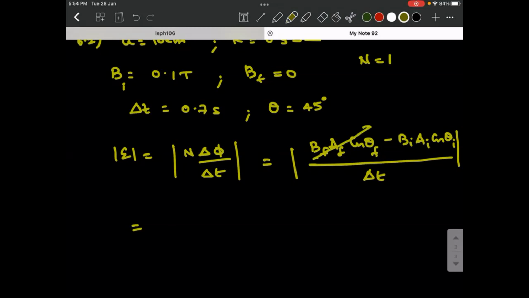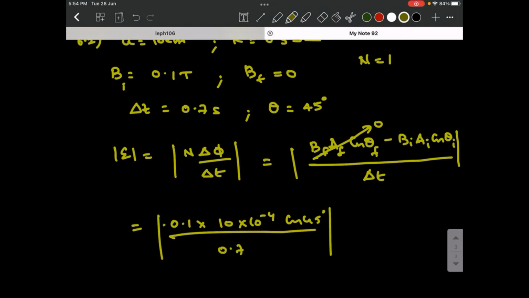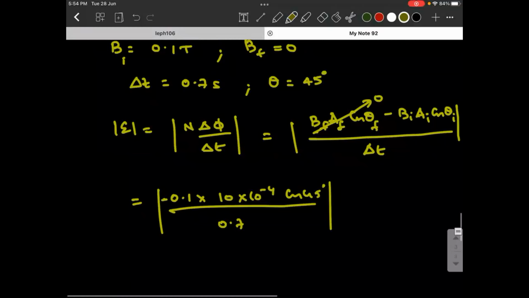So B final is 0. What is B initial? 0.1 into A initial, which is 10 into 10 power minus 4 because A square, into cos of 45 degrees, the whole divided by 0.7, within a modulus. Is there any doubt in this?